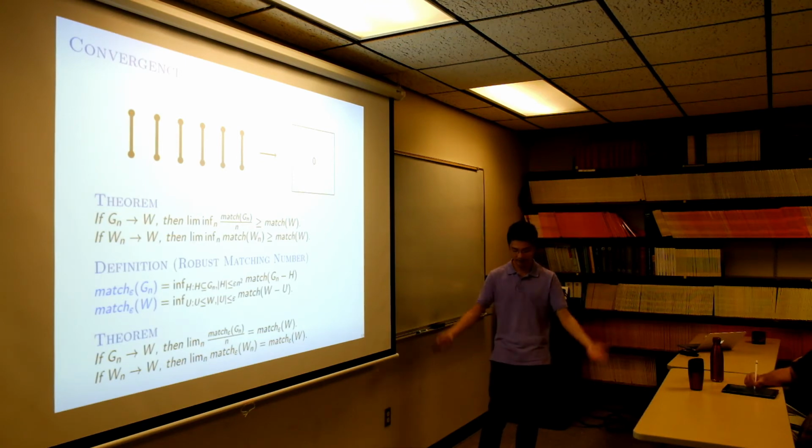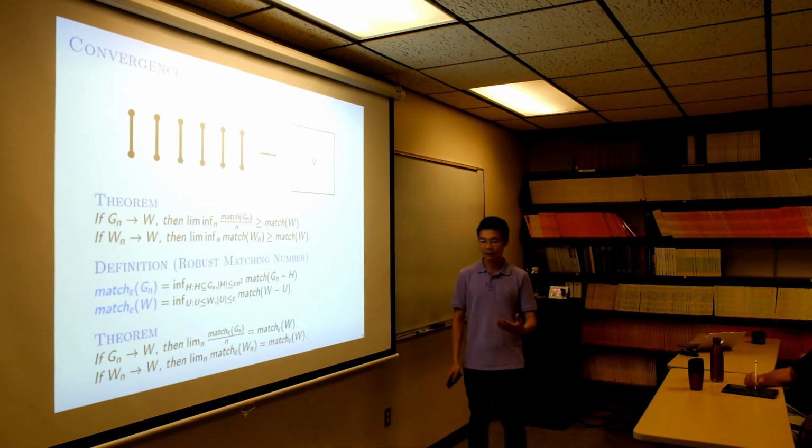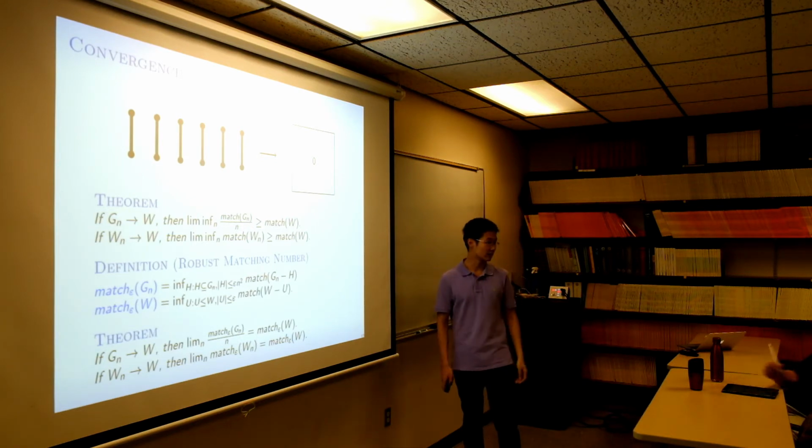So if you have a graph which is robust, which means you remove just a tiny bit of it, and it has the same matching number or really close to your original graph, then you have equality here.